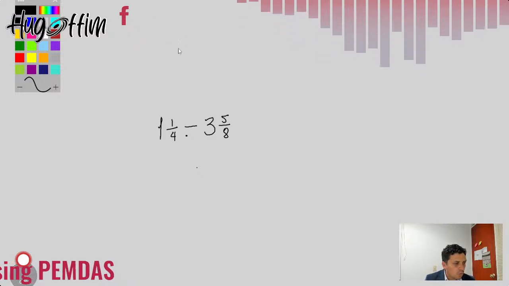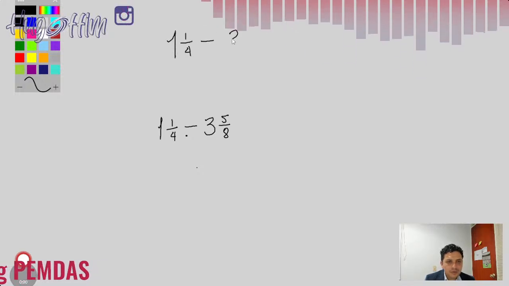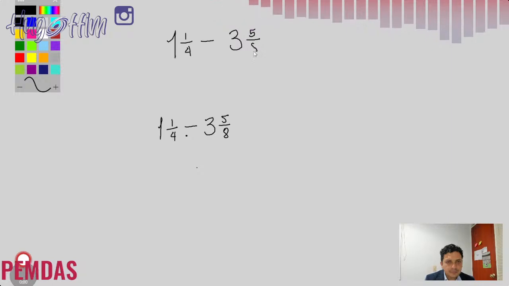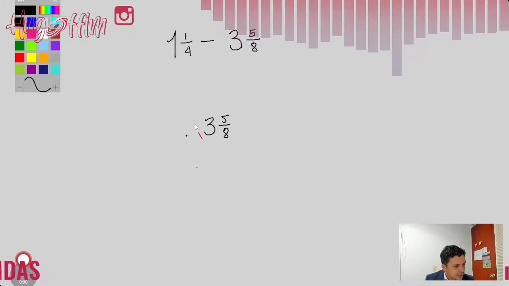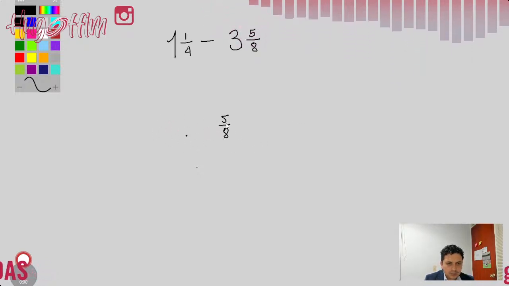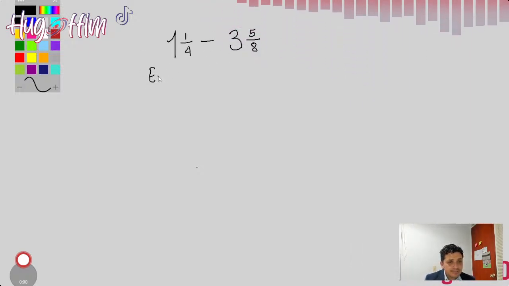Okay, so 1 1/4 minus 3 5/8. I don't know if this is the exercise you asked me to do. Okay, I'm going to do it quickly. I'm going to use the estimation first.